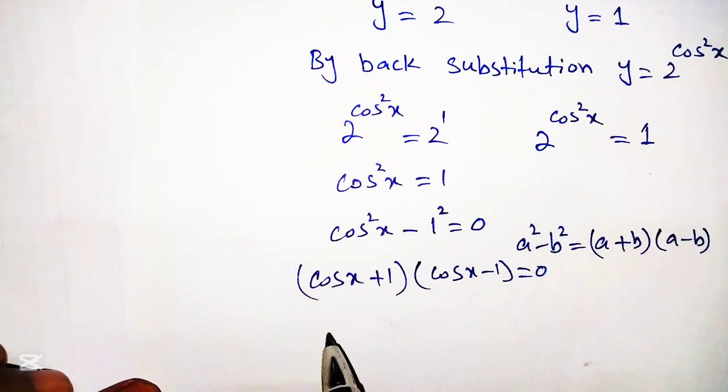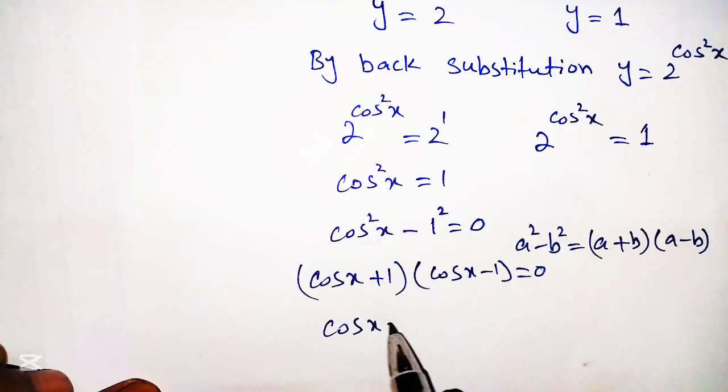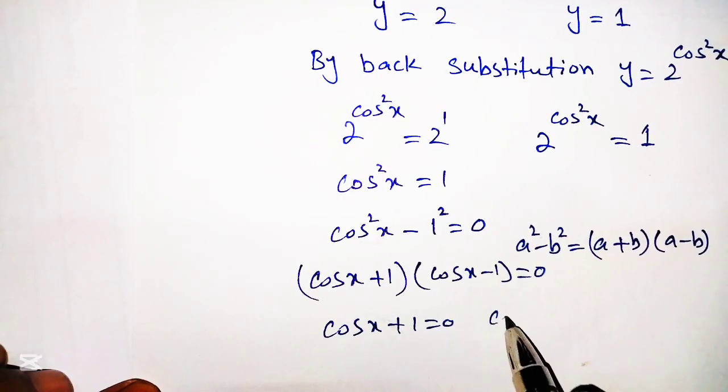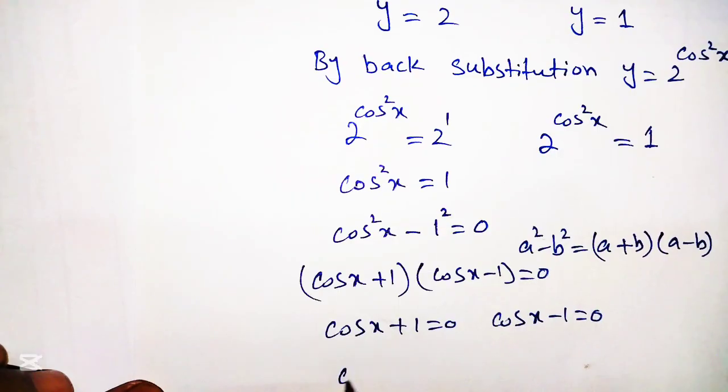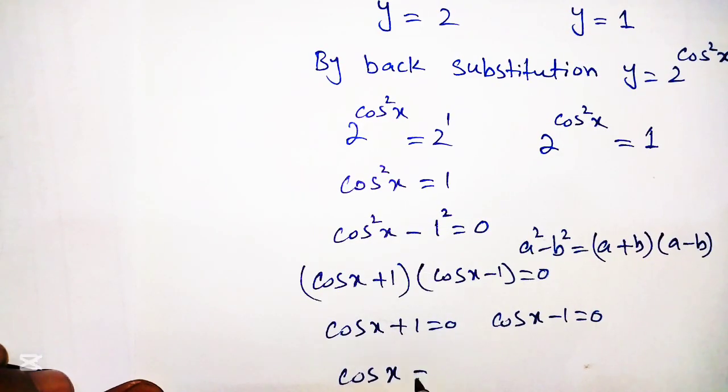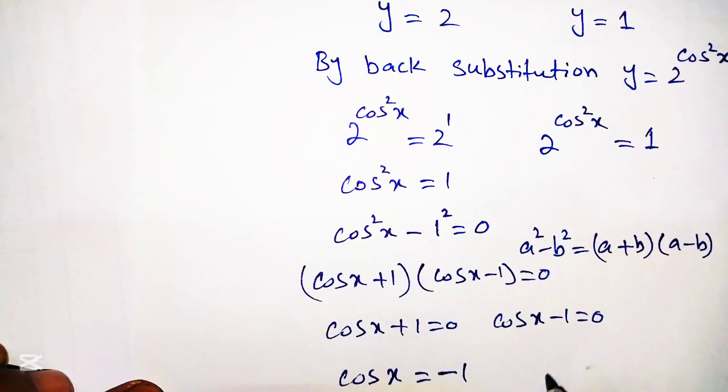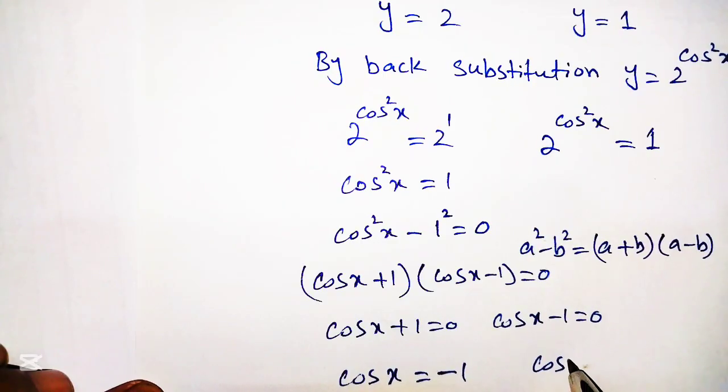From this we conclude cosine x plus 1 is equal to 0 and cosine x minus 1 is equal to 0, so cosine x is equal to minus 1, and cosine x is equal to plus 1.